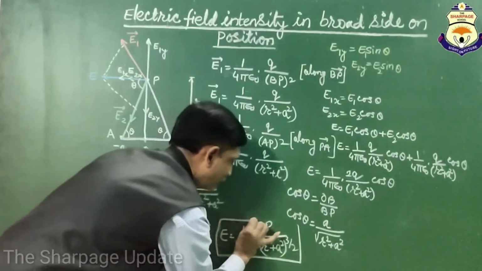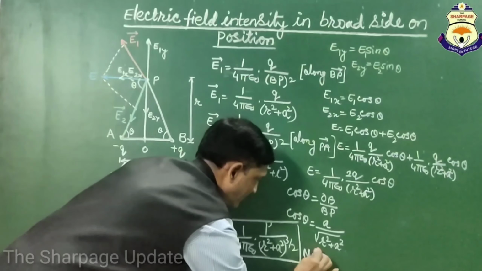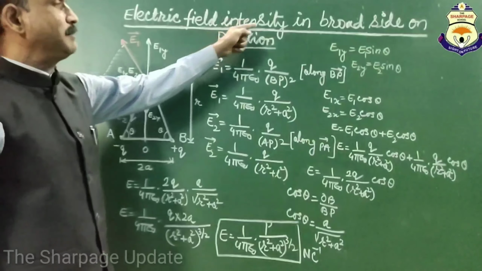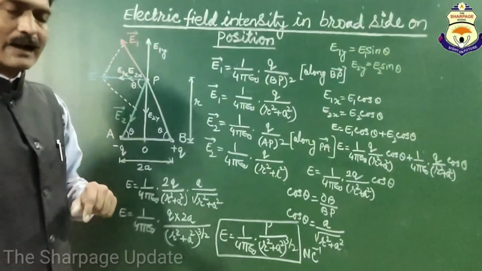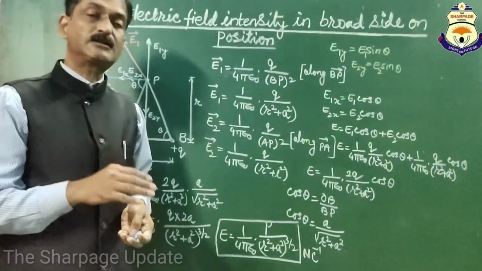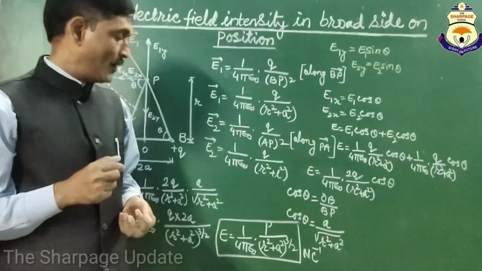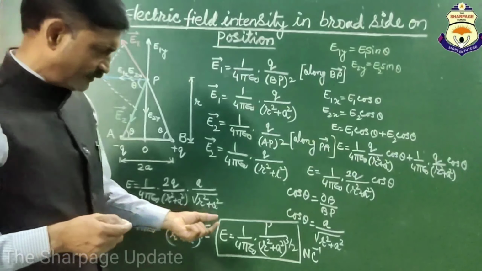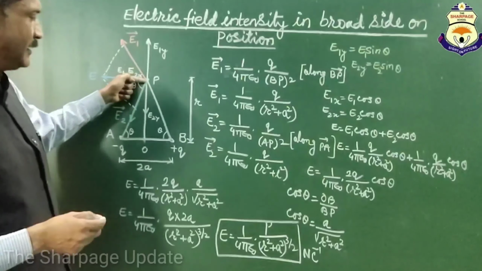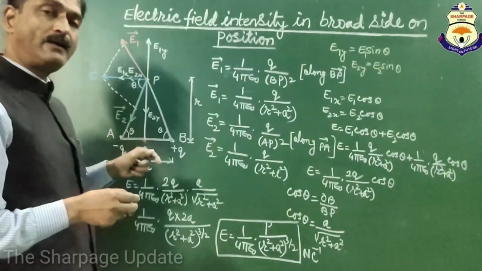This is the expression for electric field intensity in broadside position, or transverse position, or neutral axis position, or equatorial position.